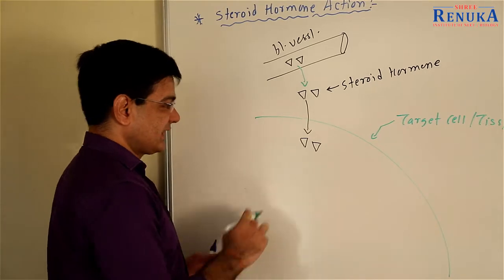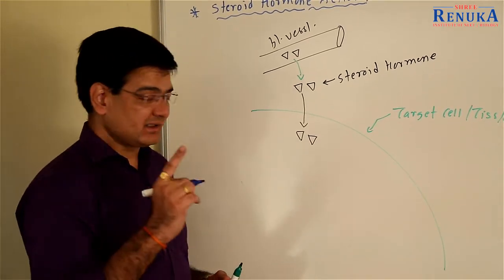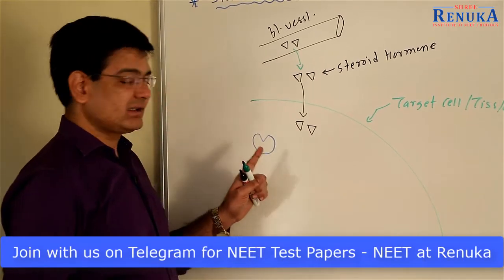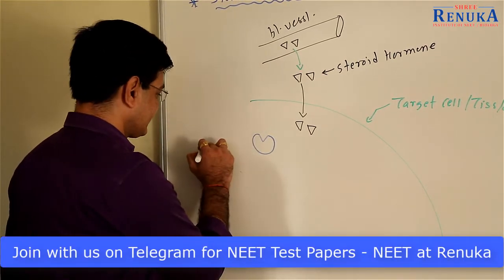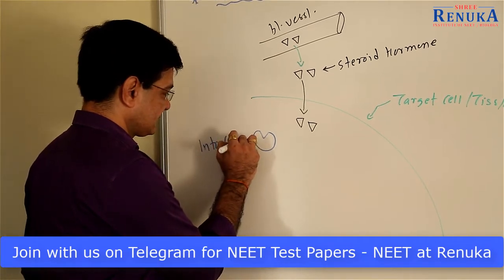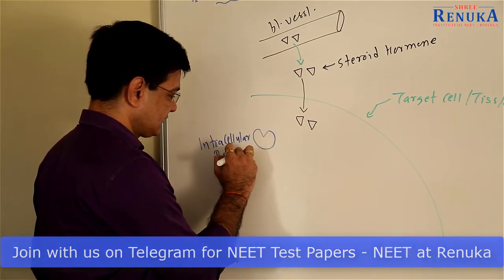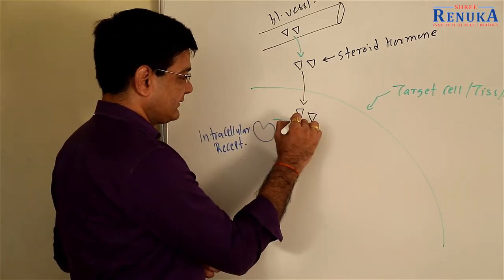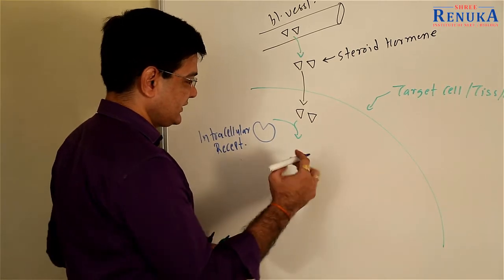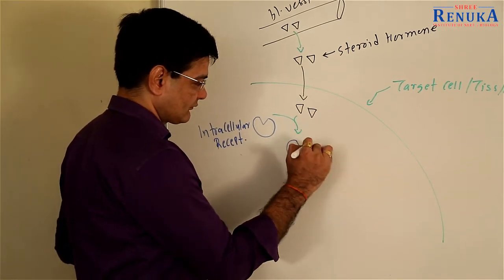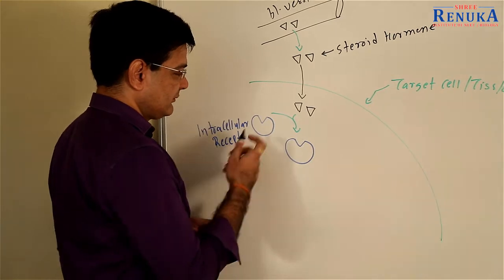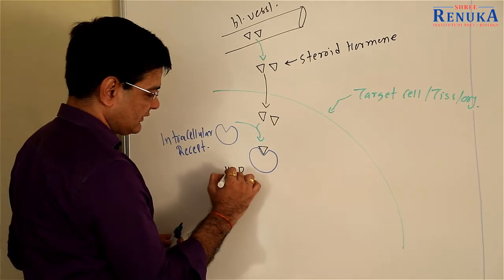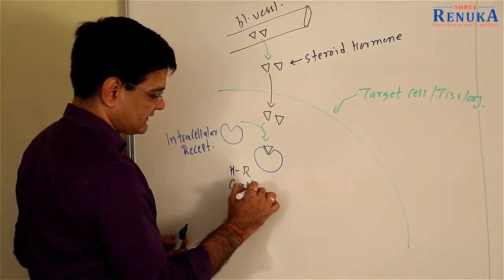Now in the cytoplasm of the target cell, the cellular receptor, or we can say intracellular receptor, is present. This hormone binds with the intracellular receptor to form a hormone receptor complex.